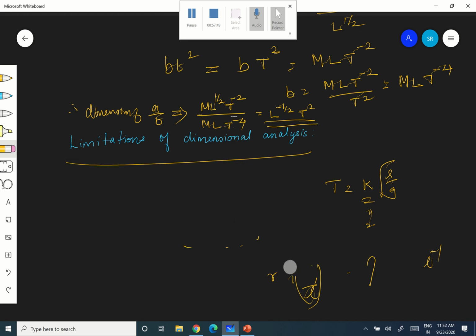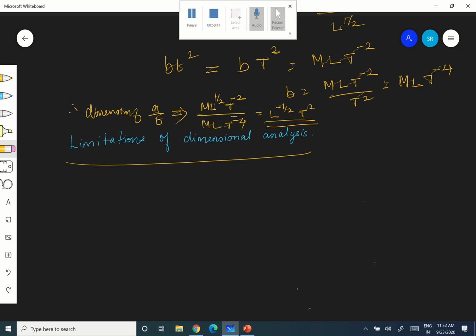If they give P, L, eta, R separately, then definitely you cannot derive the expression. If there are 4 quantities, they have to give how it depends on at least one of the quantities. If you know how it depends on any one of them, then you can easily apply dimensional analysis.